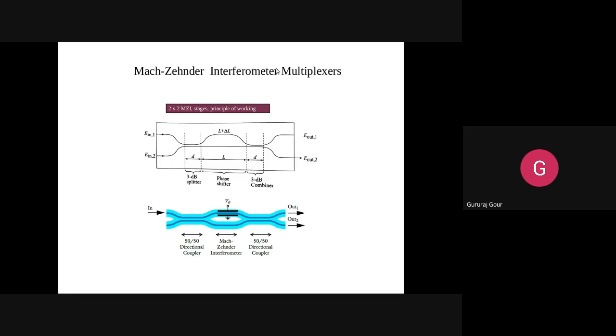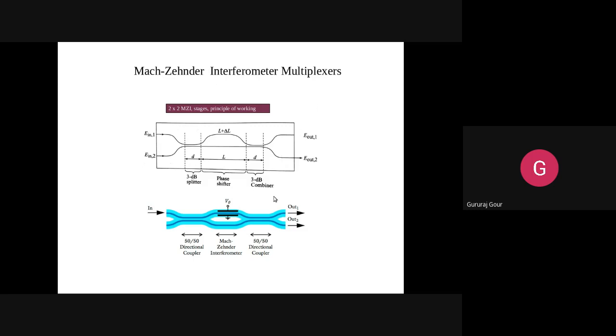That concept of the Mach-Zehnder interferometer is used in this four-port multiplexer. Hence this device is named the 2 by 2 MZI multiplexer. MZI means Mach-Zehnder interferometer.